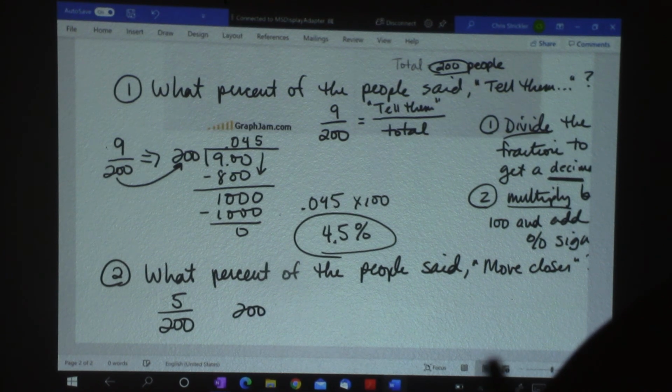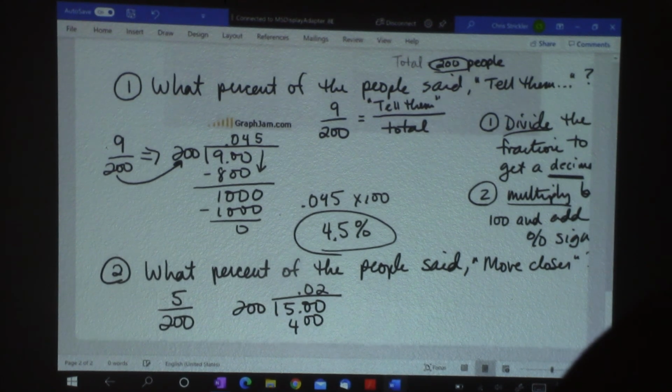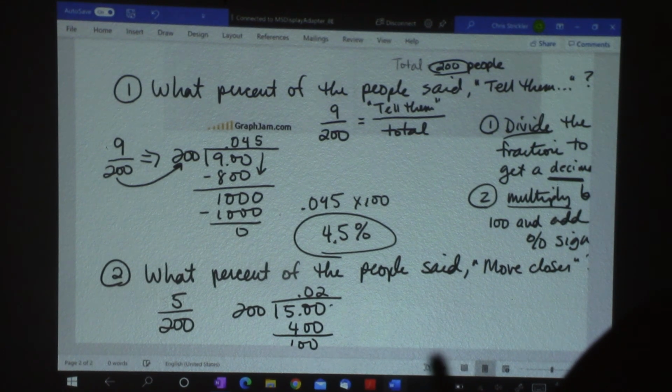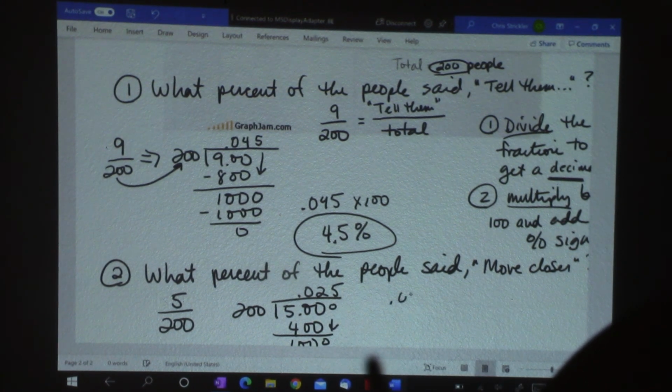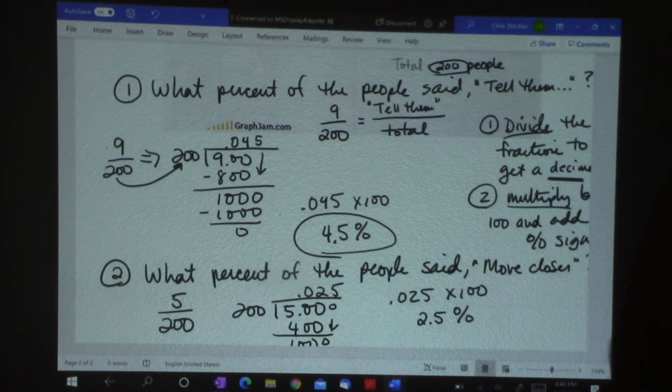So I have 200 divided into 5.00. And again, it's a very small amount. 200 doesn't go into 5 or into 50, but it does go into 500 twice. Bring down a 0. I'm running out of room here. And it becomes 5. So I've got 0.025. Now I'm going to multiply that by 100. I move my decimal over 2 places and I add my symbol. So 2.5% said move closer so I can hear you.